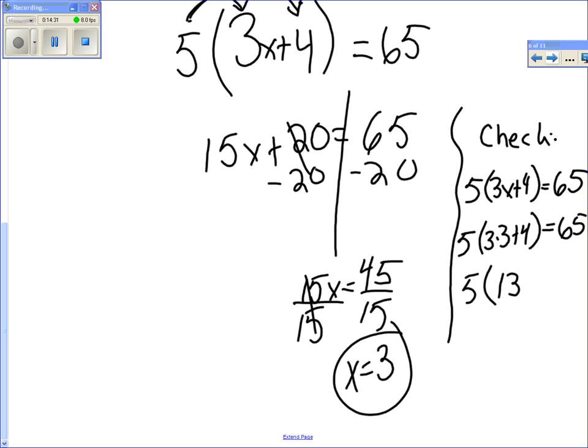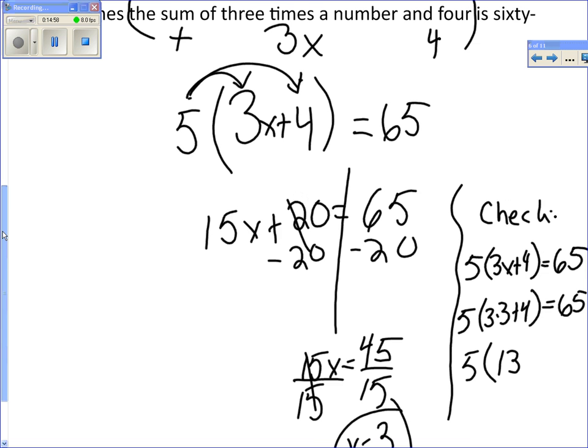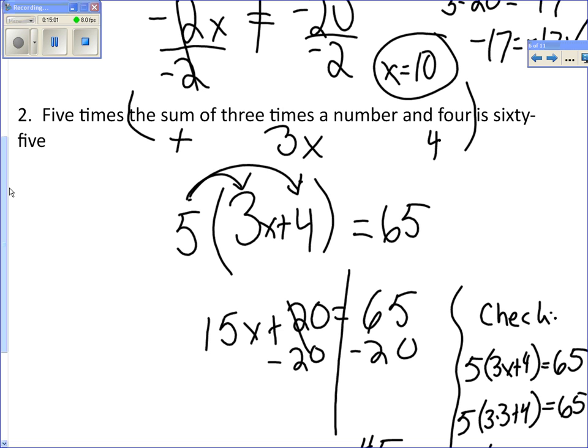15x plus 20 is 65. Let me make sure I did my equation correctly.